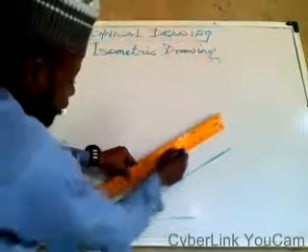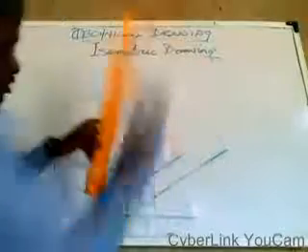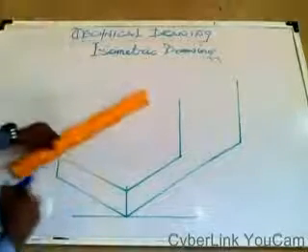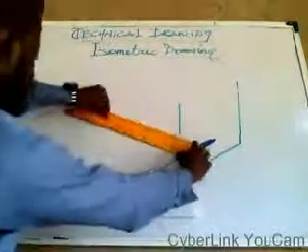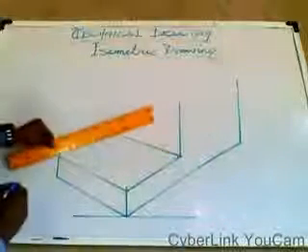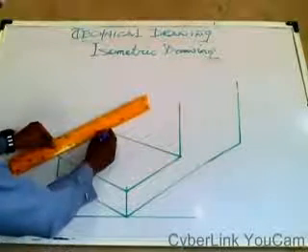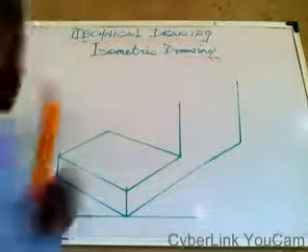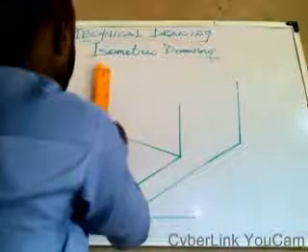All these lines must be parallel to each other. This one must be parallel to this one. So that is how we get a very good drawing at the end of the day. So have something like this. Let this one come like that. This one is like this. This one will come and meet this one here. So from here, go up like this.